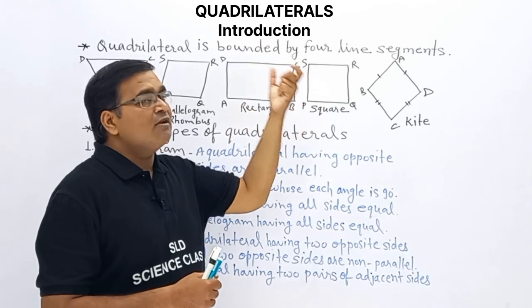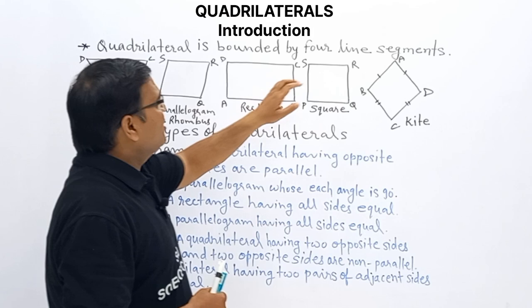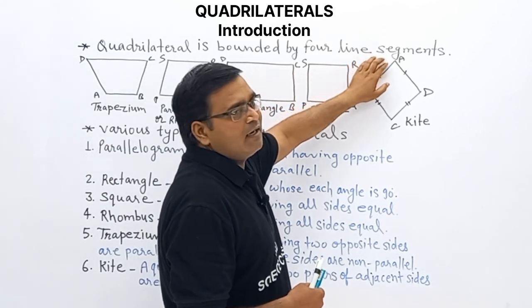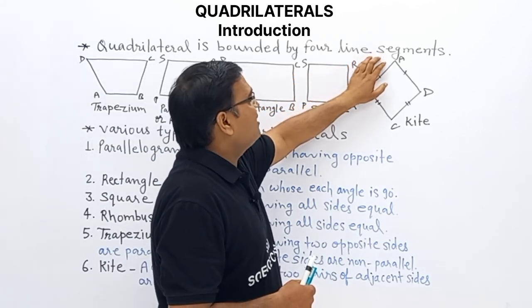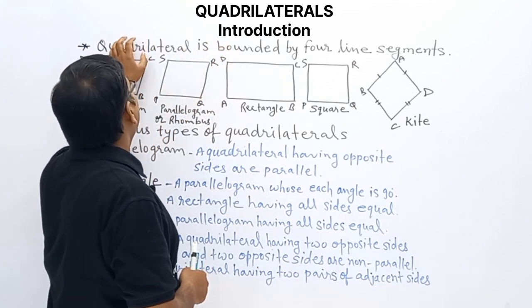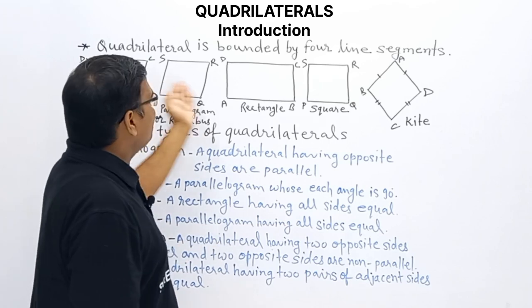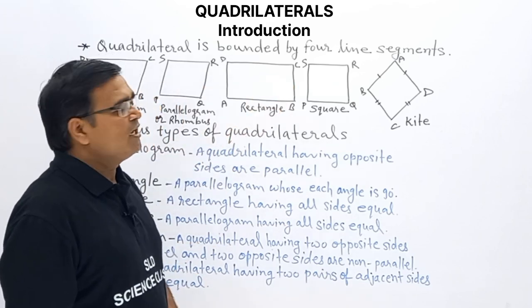Its length is fixed. So once we are having four line segments and these line segments are bounded, then we are getting a quadrilateral. Clear?